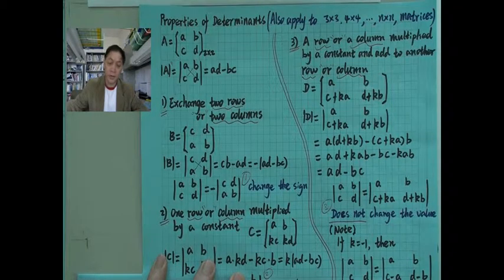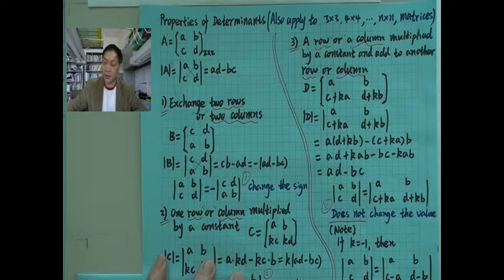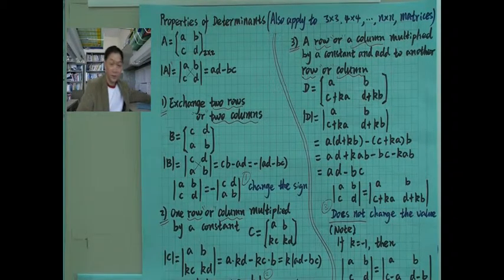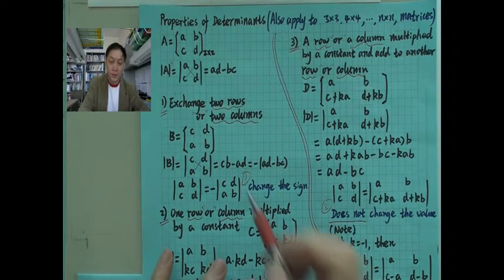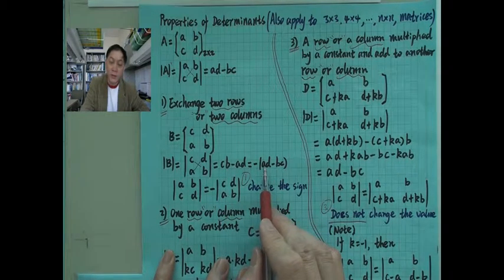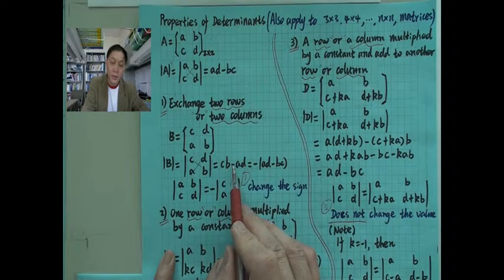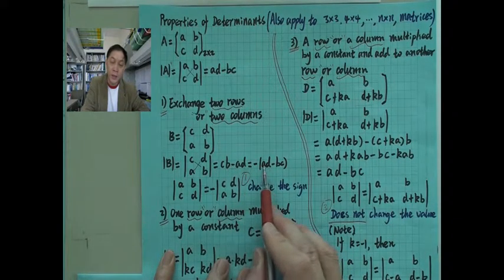Now, if you pull the negative sign out, then you'll have AD minus BC. Because if you pull this negative sign out, then AD becomes positive.